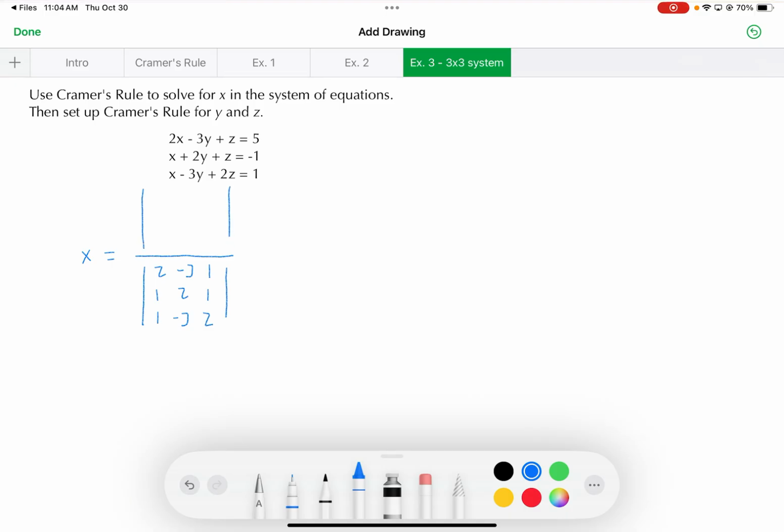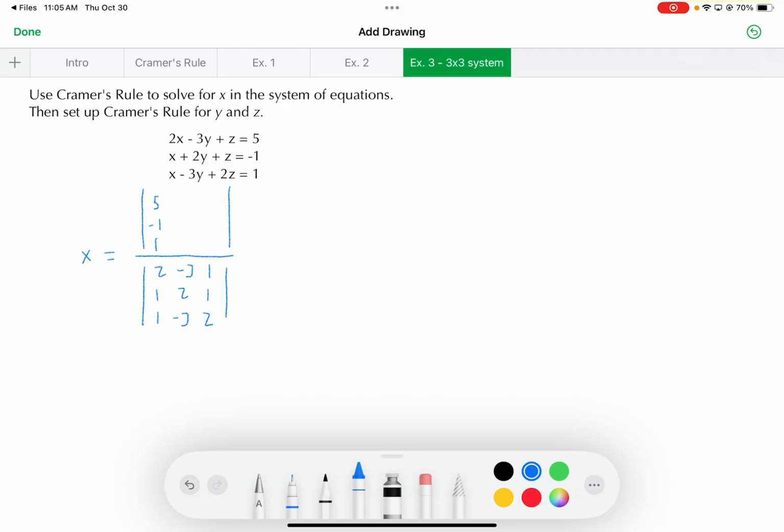In the numerator, what's the first column? Yes, I'm solving for x, so the coefficients of x need replaced with the constants.